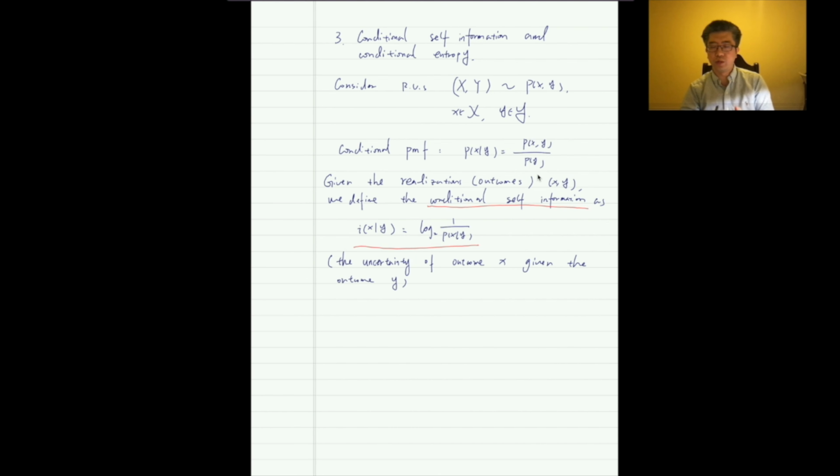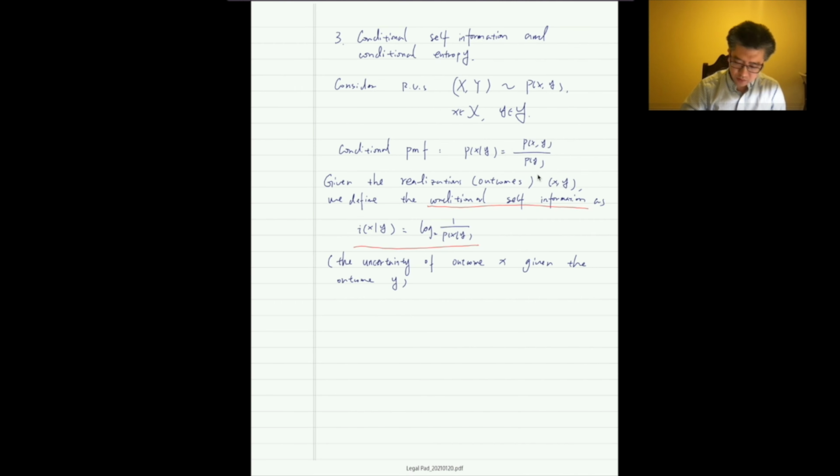We observe y, then what is the uncertainty of x? Great. Now, based on that, we can define the conditional entropy. We have to be a little bit careful here, because we have two random variables. Let's see how we can introduce the concept of conditional entropy.